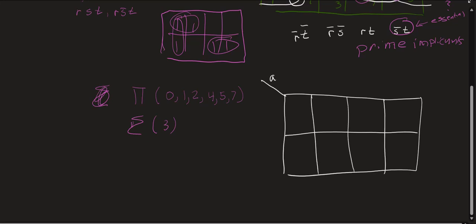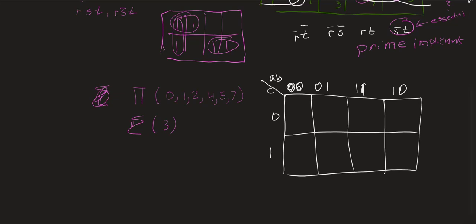And just to make things different, I'll do A, B, and C. And it's the dual, so rather than putting 1s in, I put 0s in.